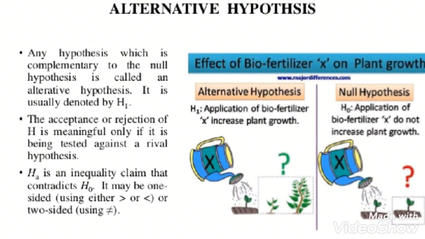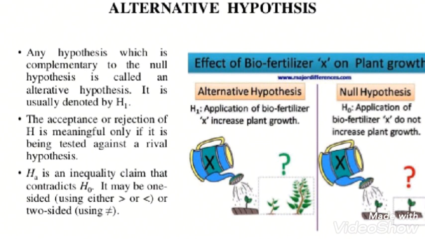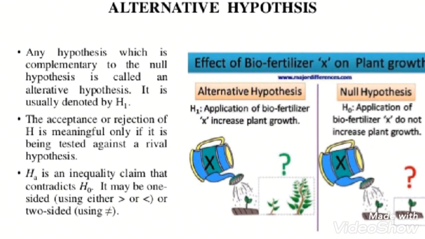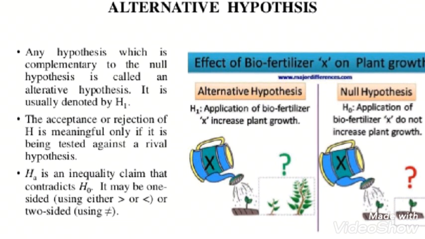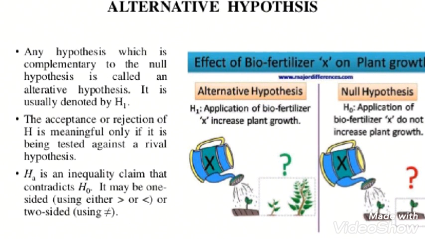It may be one-sided. So mainly in the alternate hypothesis, we formulate the hypothesis against the null hypothesis, and the main reason for formulating an alternate hypothesis is to prove something which can get accepted. So that is your alternate hypothesis. As in the example of 2 seeds, in one seed you were giving water, and in the other seed you were not watering.